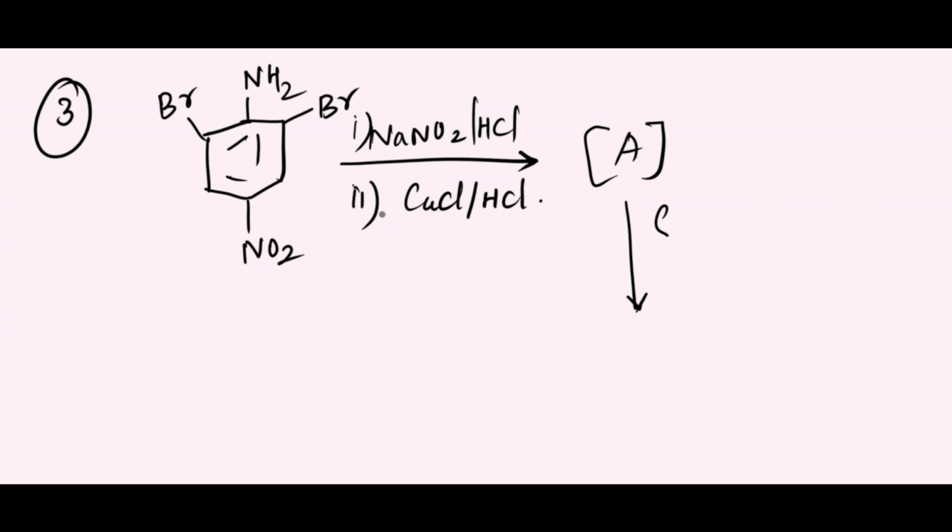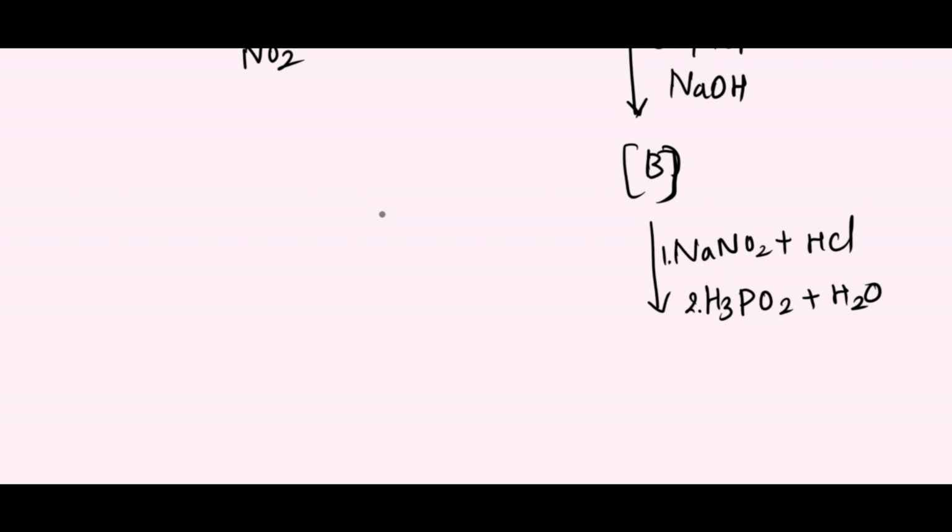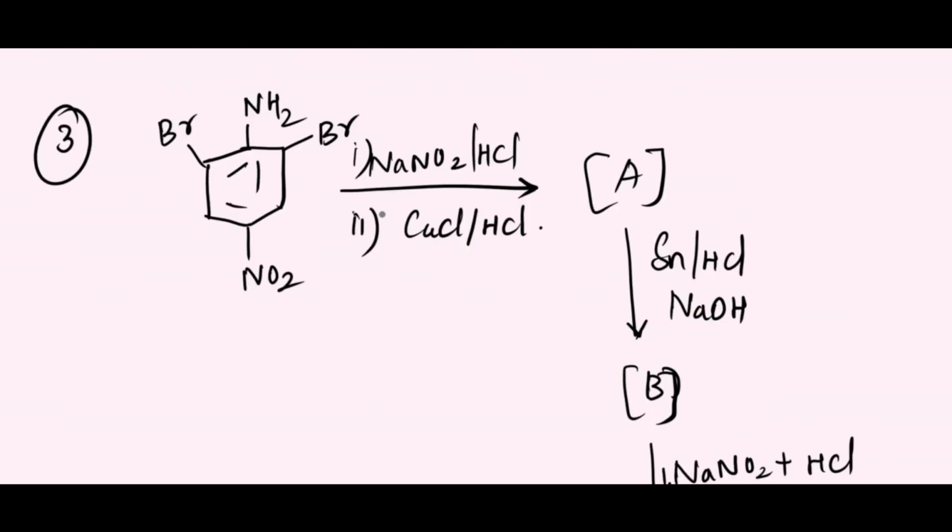A is treated with Sn/HCl and then NaOH to give B. B again treated with NaNO2, HCl and H3PO2, H2O. That is producing C. We have to find C. Okay.